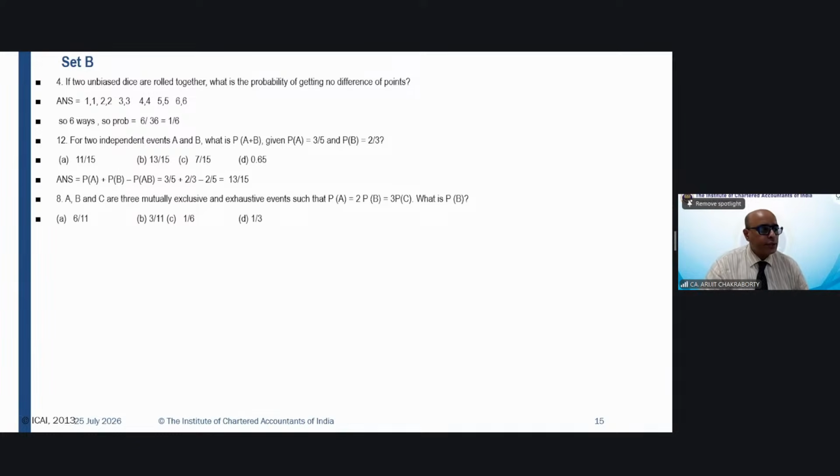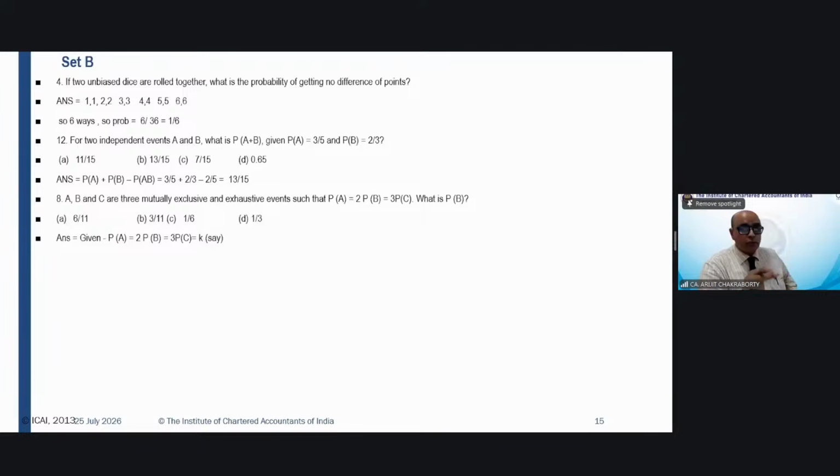Question number 8. If A, B, C are 3 mutually exclusive and exhaustive events such that P(A) equals 2P(B) equals 3P(C), what is P(B)? So it is given they are 3 mutually exclusive and exhaustive events. So we can reason in this way.